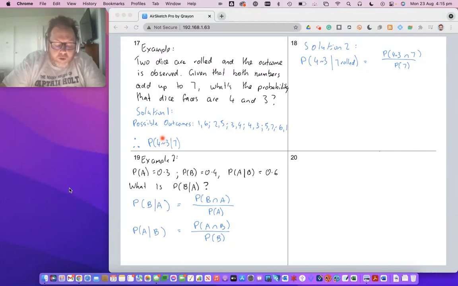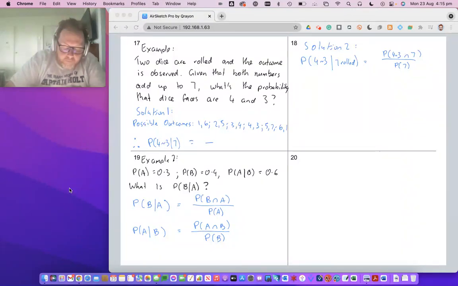Okay, so I'll just use this squiggle here to say a 4 or a 3 in the simplest way possible. So what's the probability of a 4 or a 3 on a die, given that it's a 7? Well, the possible outcomes are 1, 2, 3, 4, 5, 6. There are 6 possible outcomes that give me a 7. So that becomes my bottom number. My top number is the matching outcomes, and I'll use a different color to see that.